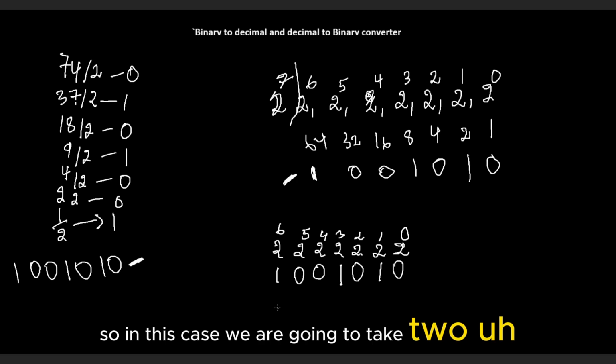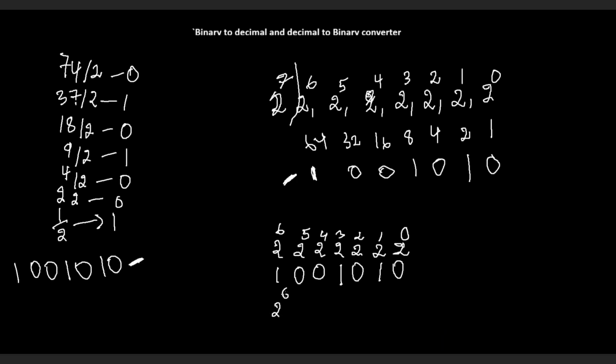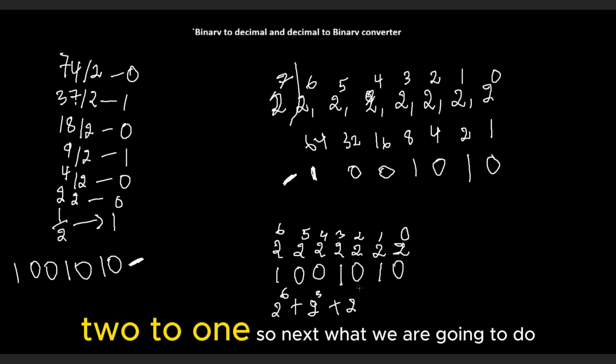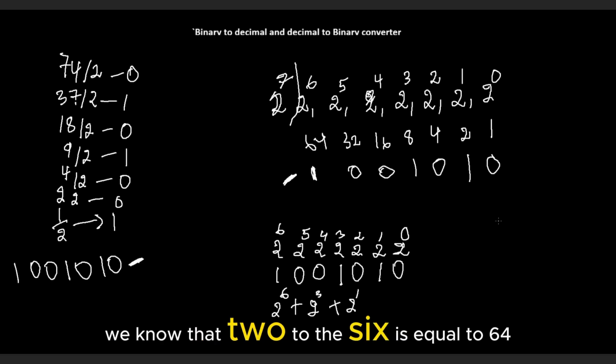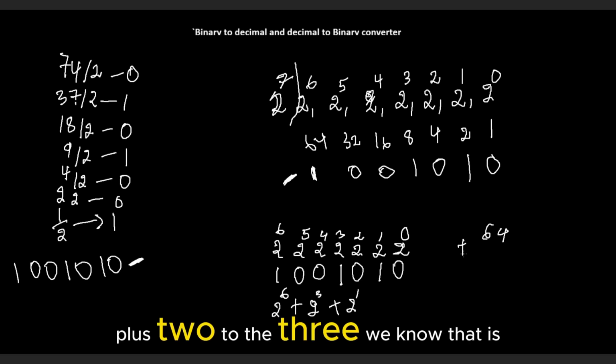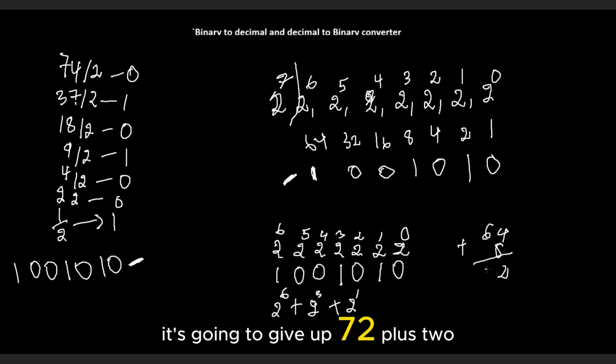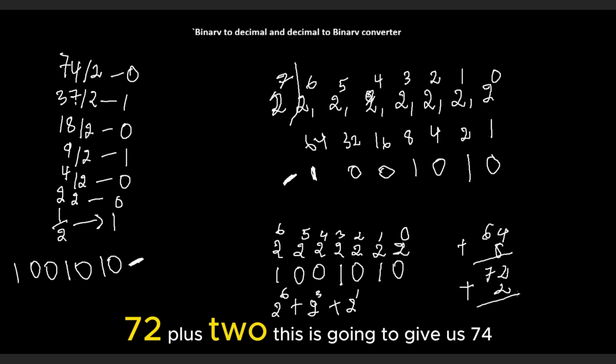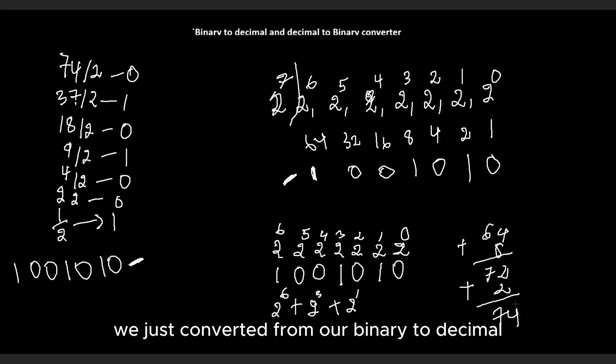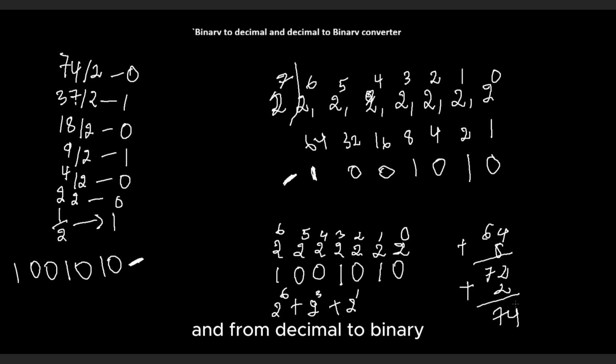So we are going to take 2 to the 6 plus 2 to the 3 plus 2 to the 1. We know that 2 to the 6 is equal to 64, plus 2 to the 3, which is 8, gives us 72, plus 2 to the 1, which is just 2. And 72 plus 2 is going to give us 74. And that's it. We just converted from binary to decimal and from decimal to binary.